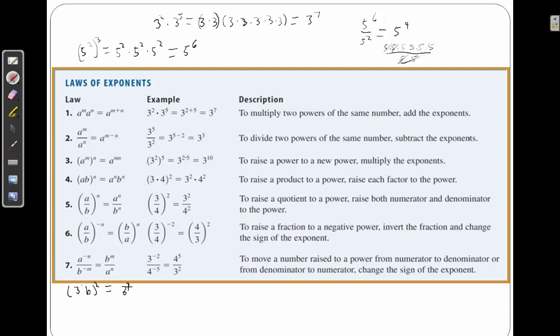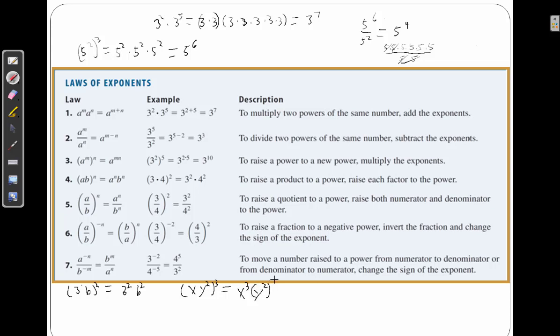So you get 3 to the 2, b to the 2. And that will combine with the previous laws. So if you got something that already has an exponent in there, like xy squared to the 3, remember it'll distribute to the x, but it'll also distribute to the y squared.